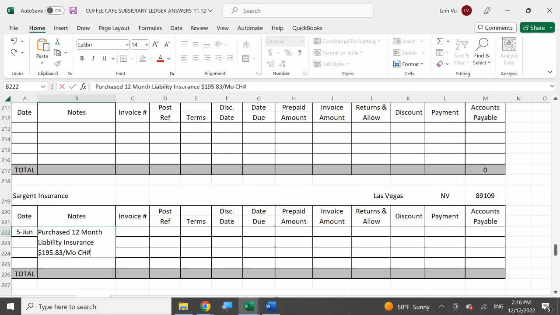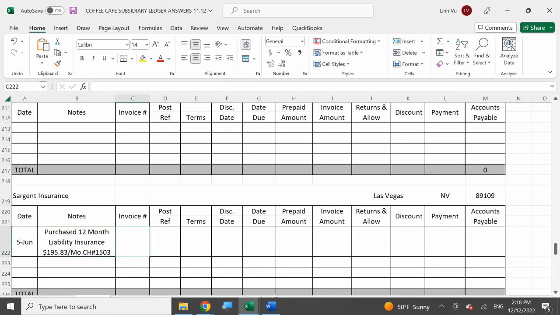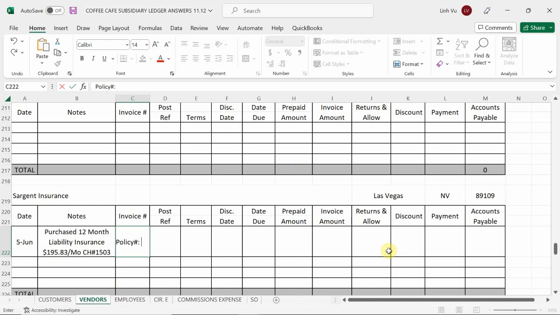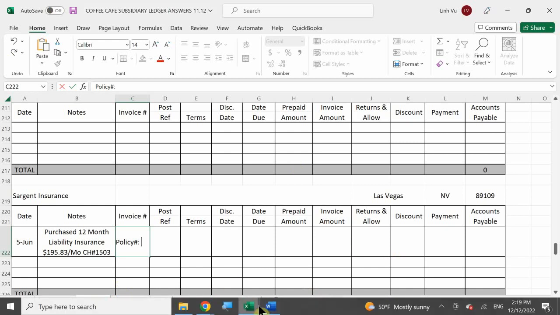You also have proof that you made a payment with check number 1503. So in this case, my invoice number is going to be whatever my policy number is. So let's go ahead and find that out.